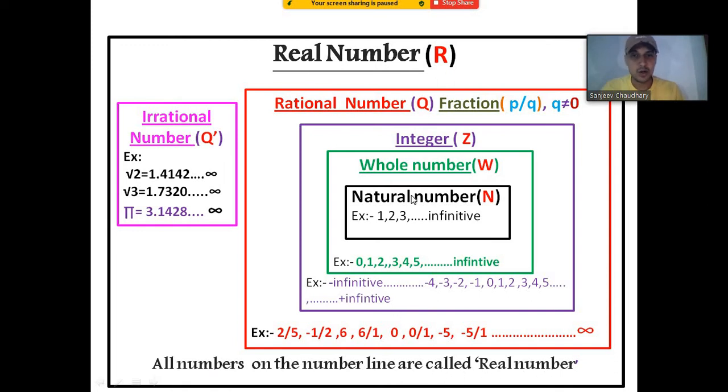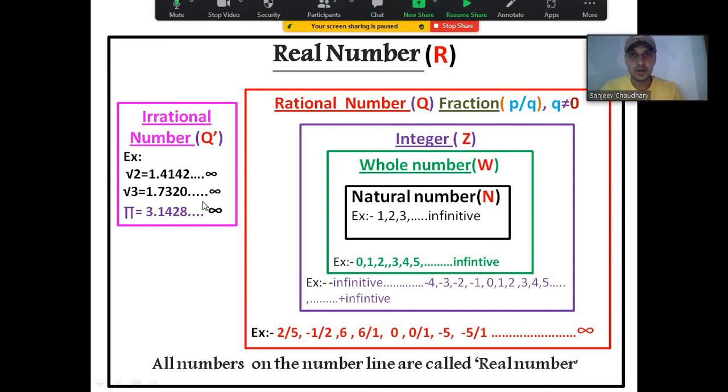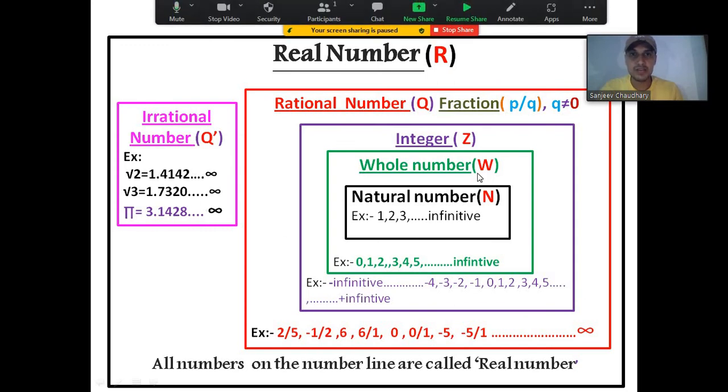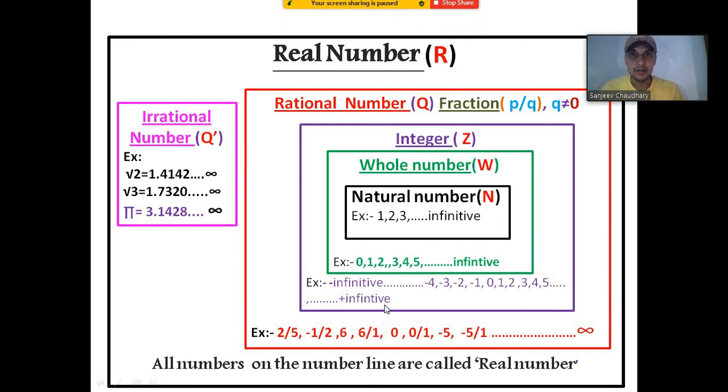So we can say that all natural numbers are real numbers, all whole numbers are real numbers, integers are real numbers, rational numbers are real numbers, irrational numbers are real numbers. And we generally denote real numbers by capital R. I hope you understood very well. You just have to memorize this diagram, and then you can solve many types of questions.